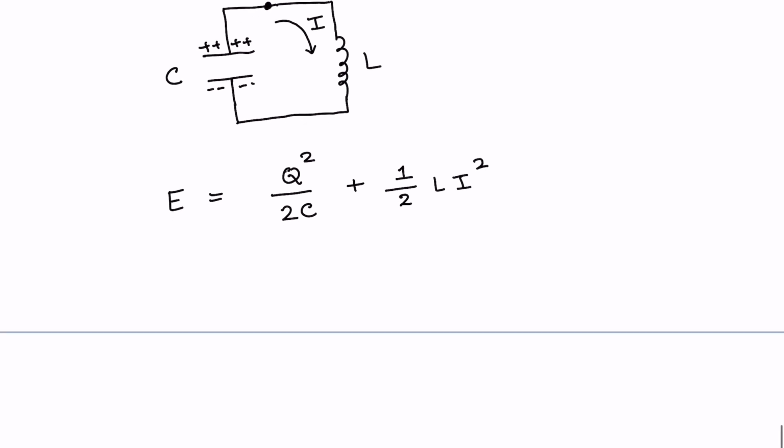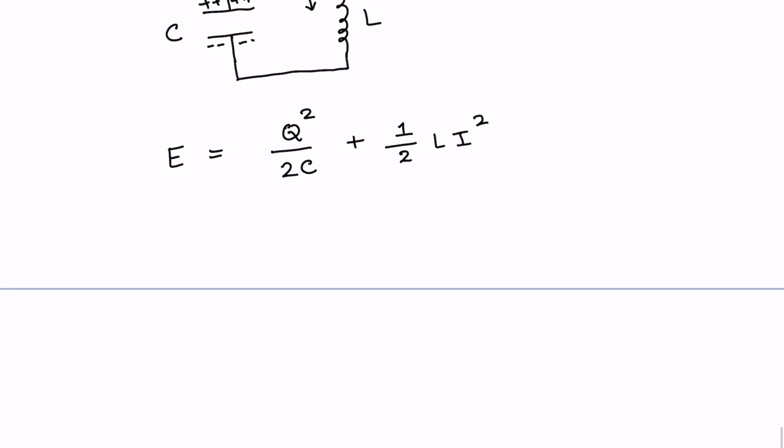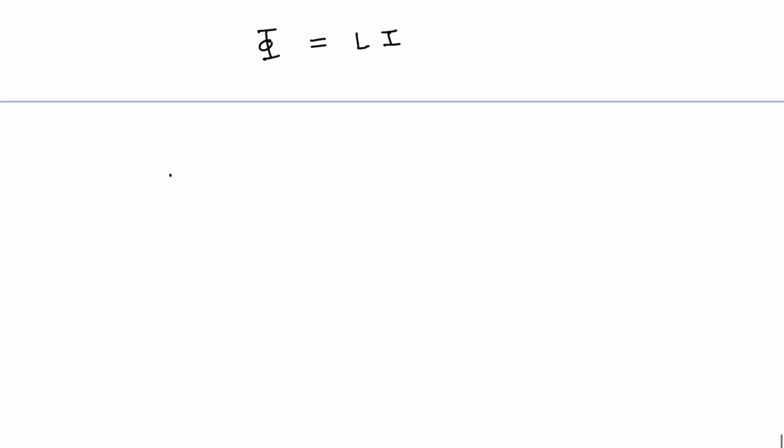Now this expression can be written in terms of the magnetic flux as well, because you know that the magnetic flux phi is equal to inductance into the current. Using this energy expression for this ideal LC oscillator, ideal because we are not considering any loss, there is no resistance, we are going to have this energy expression Q square by 2C plus phi square by 2L, where phi is the magnetic flux.